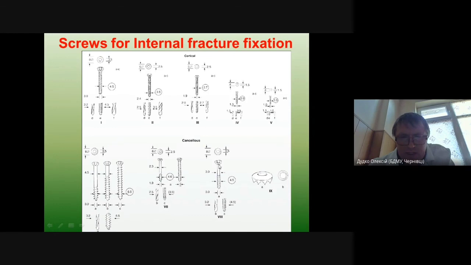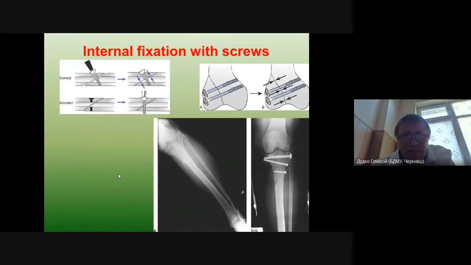We also can have partially threaded screws. We have thread here, and there is no thread here. When you insert these screws, compression of bone fragments usually occurs. It is usually needed for malleolus fractures, for femoral neck fractures. That's why we have it for 6.5 screws. Okay, so those are the main principles. How can they be used?